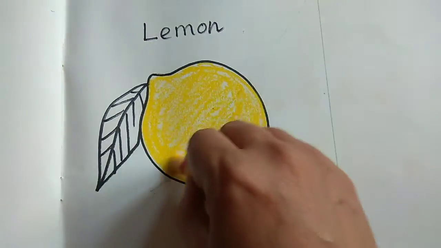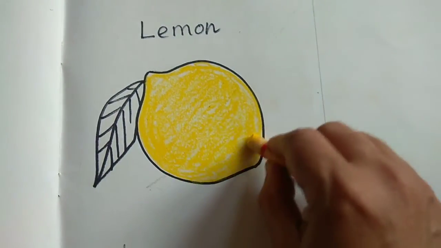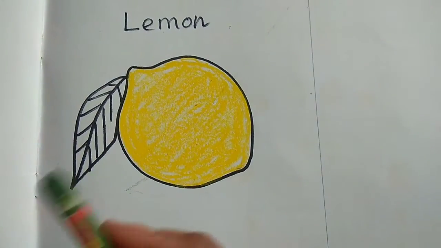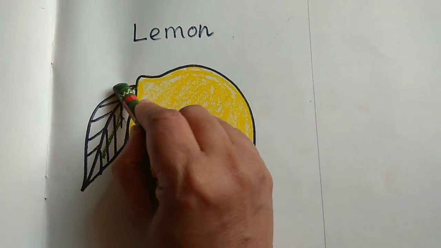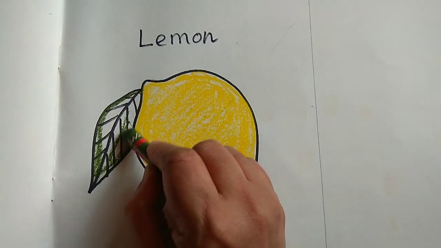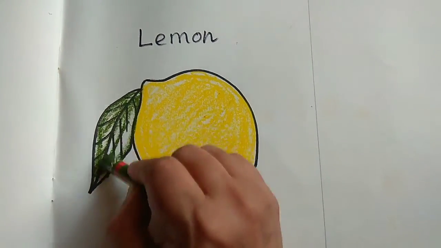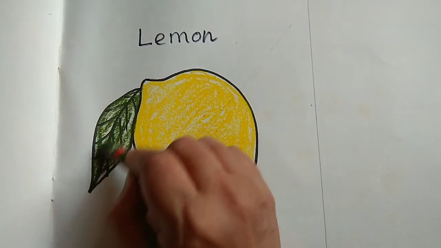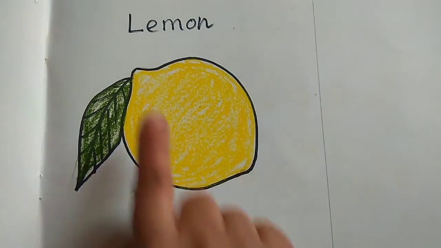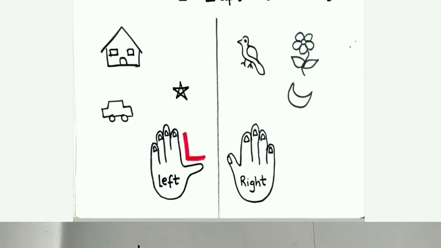Color of lemon is yellow. L, lemon. This is done. Now I will use green color for leaf. First I will start from border side. So this is done. L, lemon.